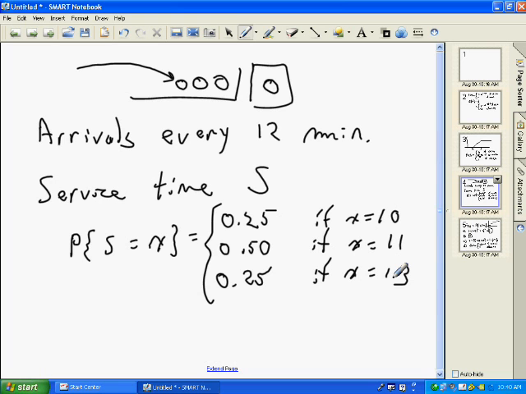If we come up with two tails, that's a service time of 10. If we come up with two heads, we're going to have a service time of 13. Either a head-tail or a tail-head will be a service time of 11. Well, that's what our process is going to be.